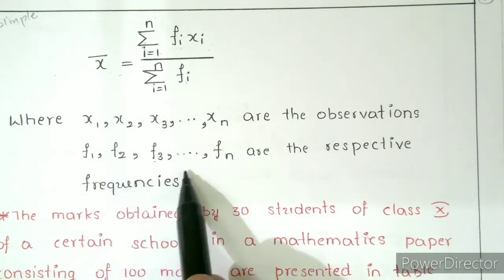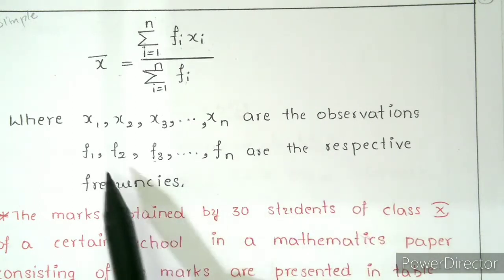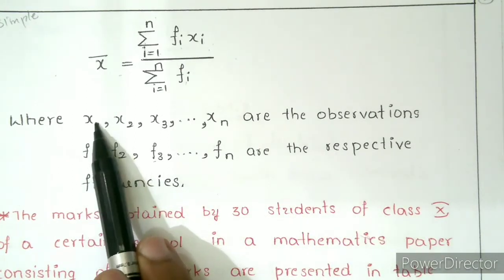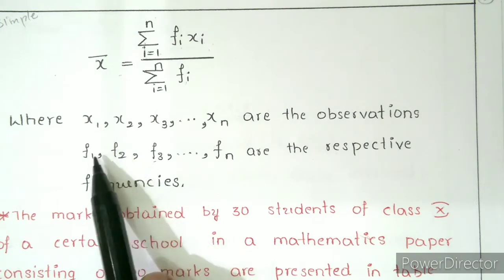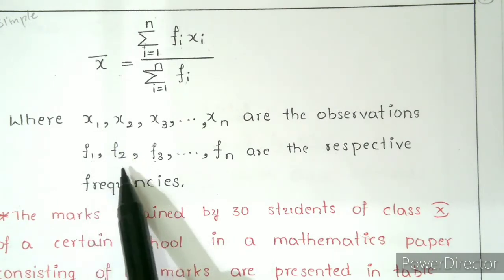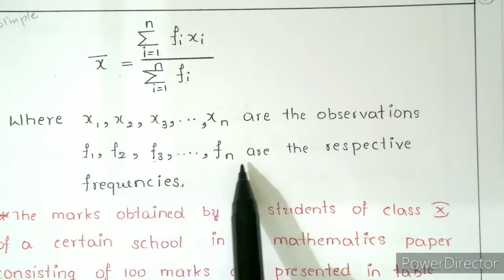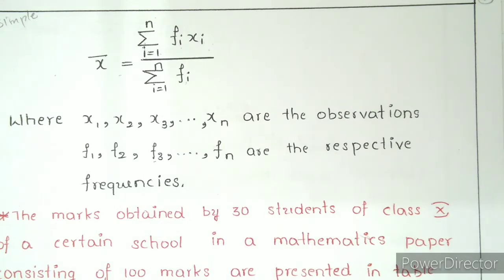So f1, f2, f3, fn are the respective frequencies, the repetition of those marks. Suppose mark 1 got 7 members, so therefore f1 is 7, so f2, so like this up to fn are the respective frequencies.